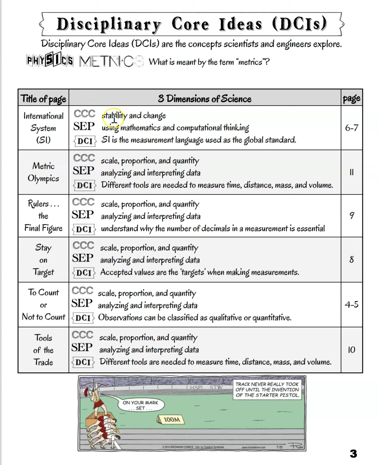Future study guides, these will be blank. You will need to write which cross-cutting concept, science and engineering practice, disciplinary core idea you think best fits here. There's not one particular answer that we're looking for when we check your study guides for completion. You just need to be able to prepare a statement or 2 as to why you chose this one over a different one.